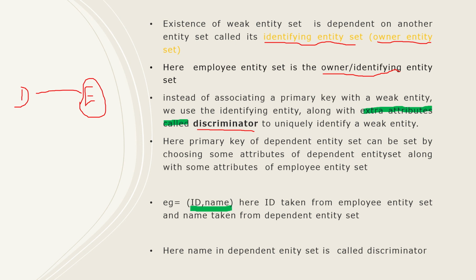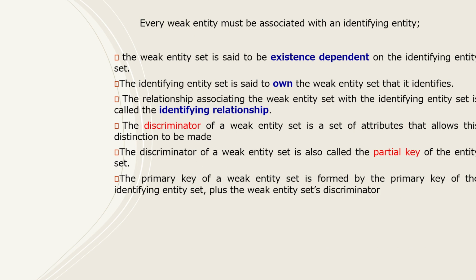As we already discussed, ID, which is the primary key of the entity employee, is combined with the name, which is a discriminator, an attribute of the weak entity set. If you combine both, you can uniquely identify each and every entity in this dependent entity set.